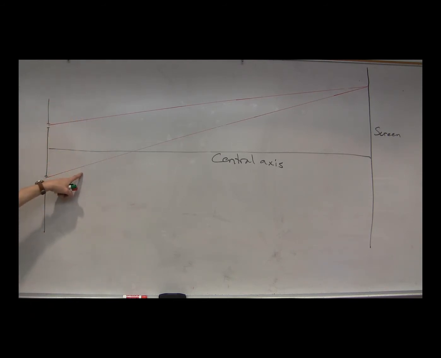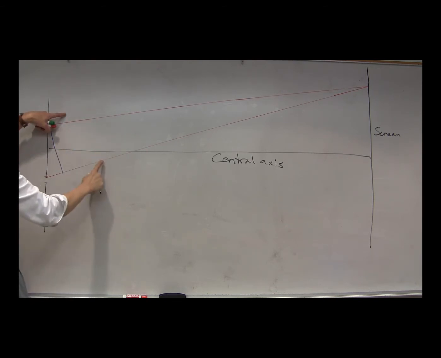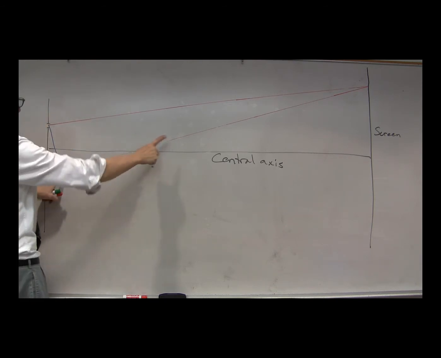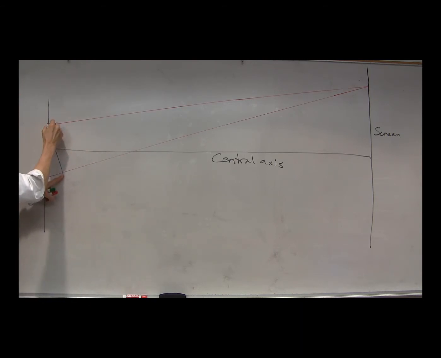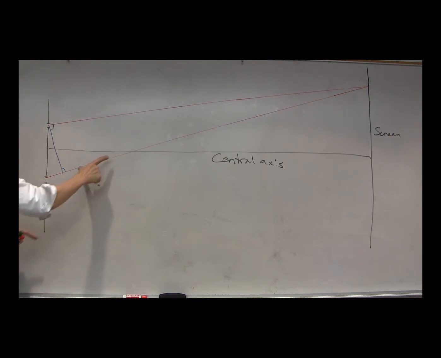Well, how much is this one longer than that one? Well, let's draw a line across here so that this ray is the same length as this one down here, so that this angle here is the same as that one here. We'll make an isosceles triangle. This lower ray then has to travel this extra distance down here.